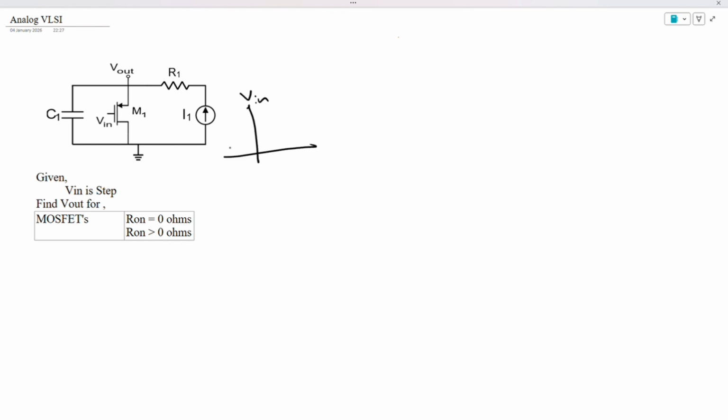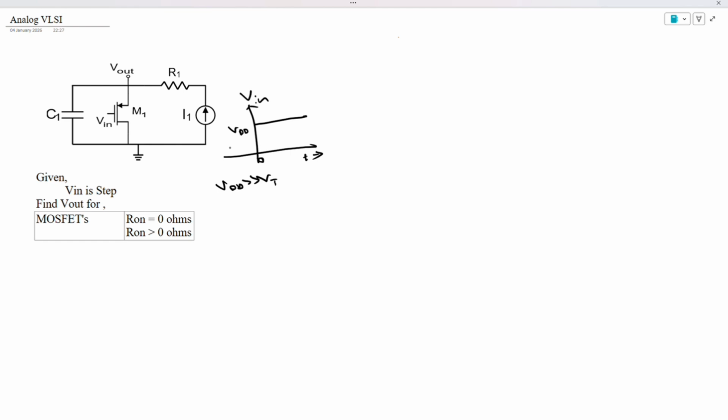Vn is a step input, right? So it is going from 0 to VDD at t is equal to 0. Our assumption is VDD is much greater than VT, the threshold voltage of MOSFET M1.